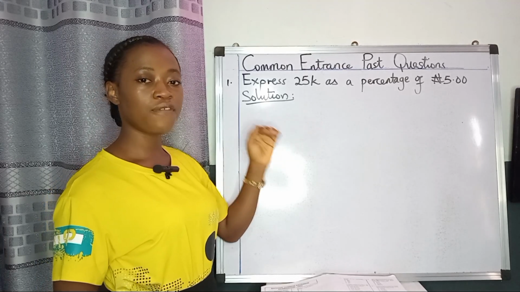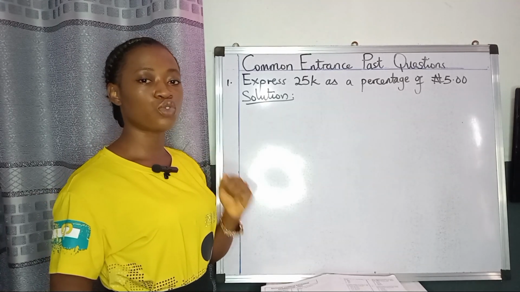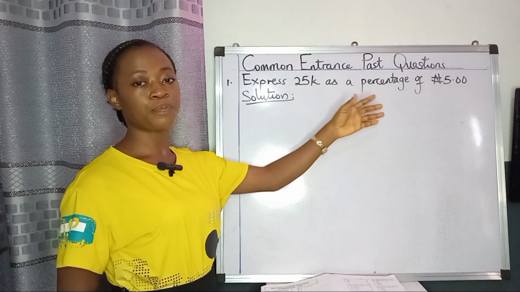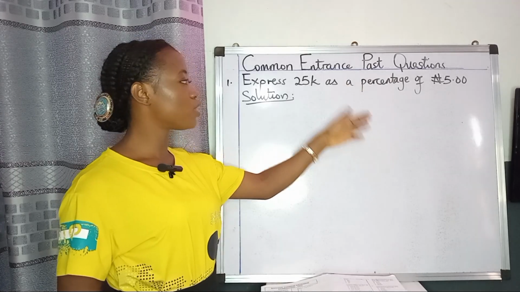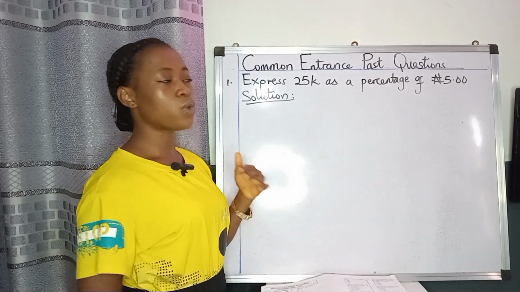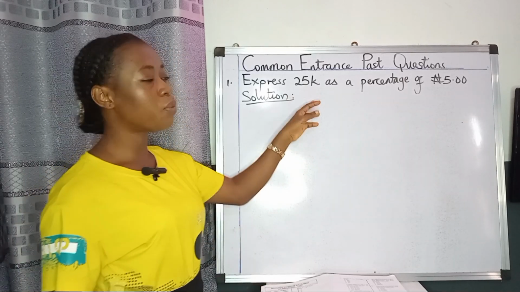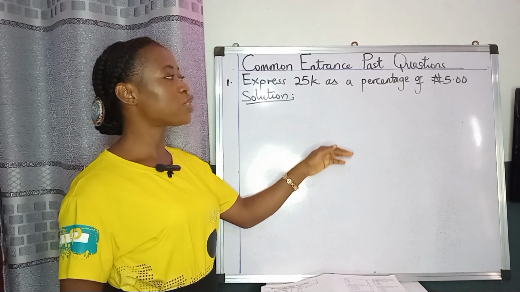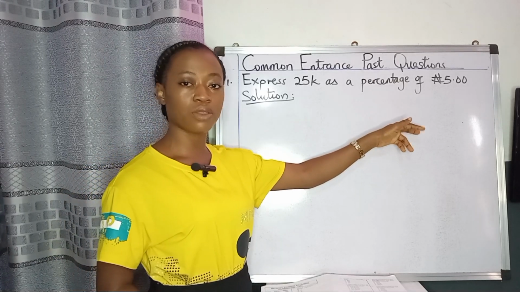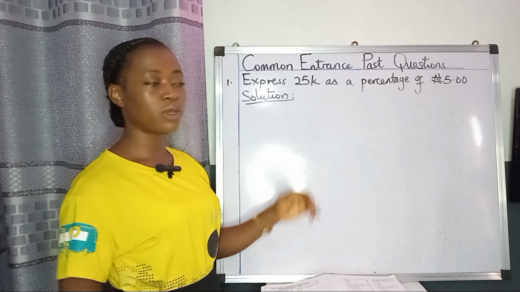So if you are given two quantities, the first thing to do is convert the unit of the bigger value into the unit of the smaller value. So what I mean is this: between kobo and naira, obviously naira is bigger than kobo. So we are going to convert naira, which is the bigger unit, to kobo, which is the smaller unit.